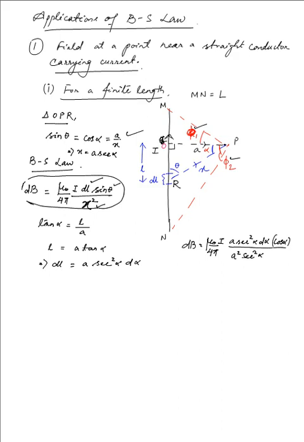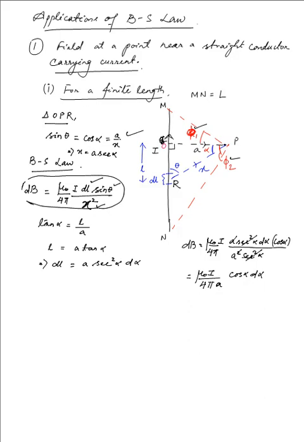As you can see, a lot of things can be cancelled over here, especially sec square alpha at the top and at the bottom gets cancelled. One of the a's can get cancelled, so what we are left with is mu naught I divided by 4 pi a, where a is a constant, and what we are left with is cos alpha d alpha.